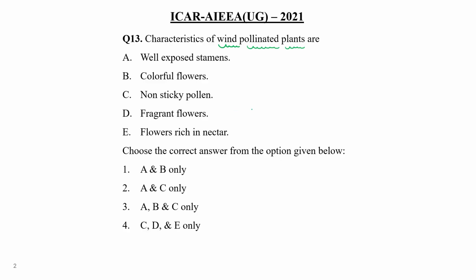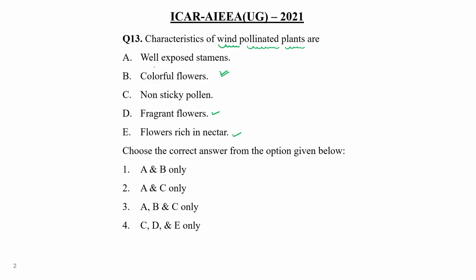Okay. So characteristics of wind pollinated plants or water pollinated plants: they don't need any kind of fragrance, any kind of colorful petals, right? They don't need anything, because things like fragrant flowers, flowers rich in nectar, and colorful flowers are mainly present in flowers that need to attract biotic pollinators like insects.